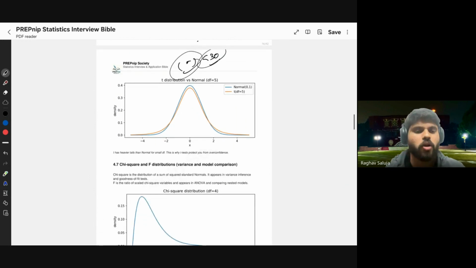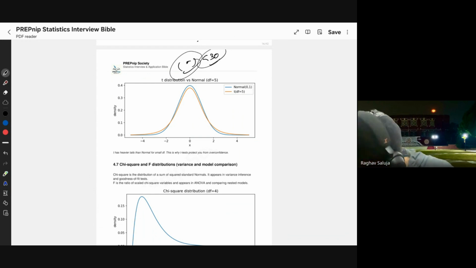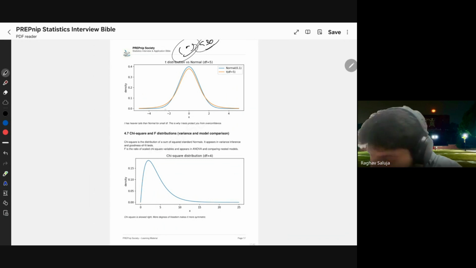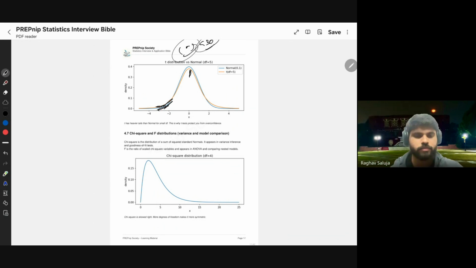Look at the graph in front of you. Now, the orange line that you see is higher in the tails than the blue line.